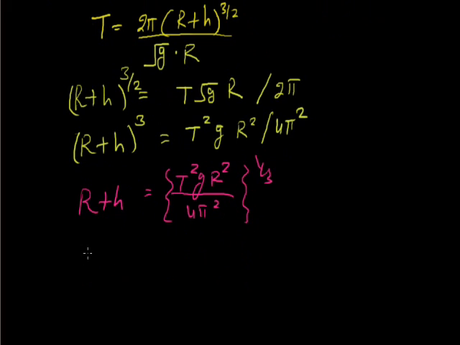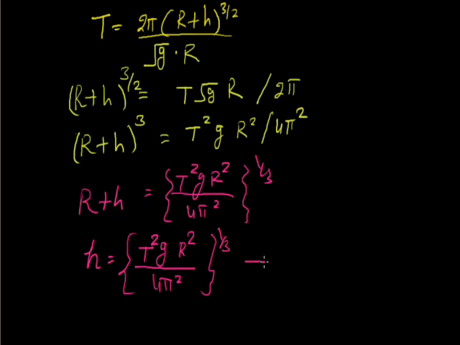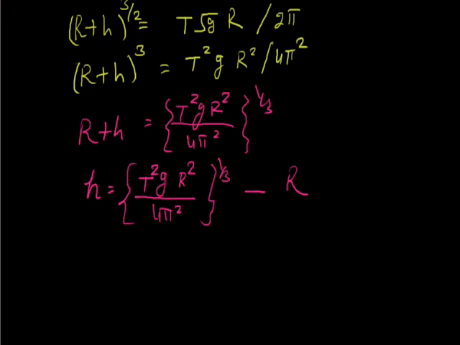So the height of the satellite will be (T square g R square upon 4 pi square) raised to the power 1 by 3 minus capital R. It is the radius of the Earth.